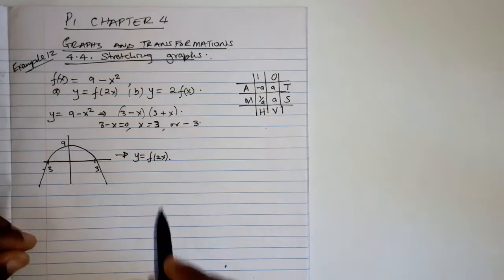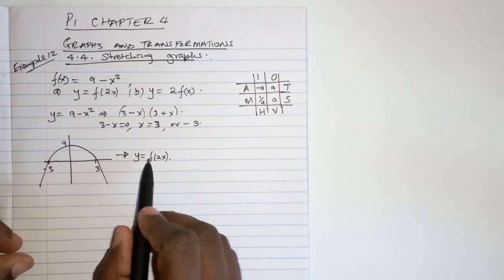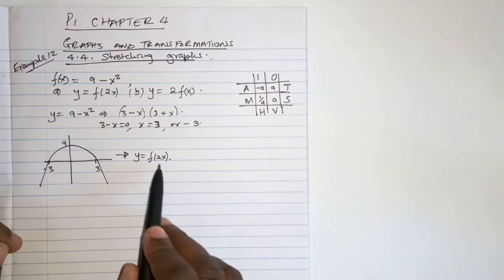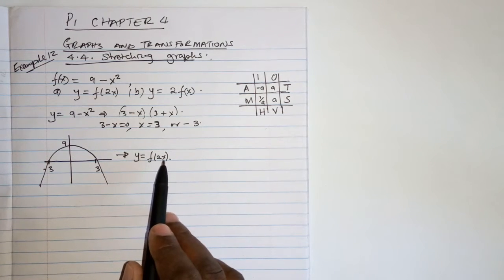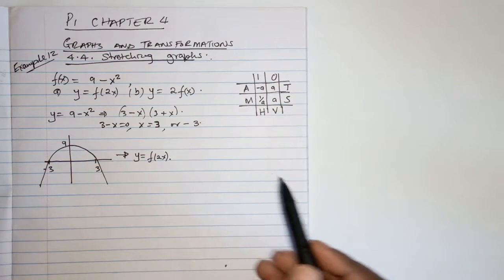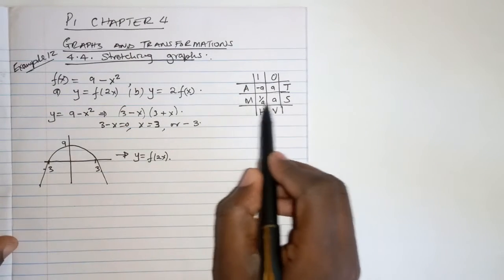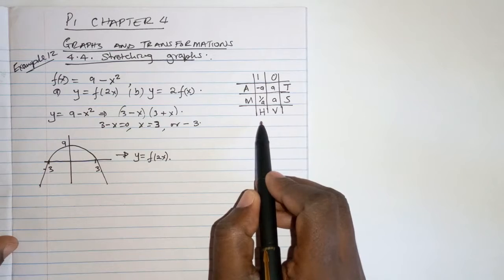Before we go further, it is important for everybody to note that the original f(x) has been multiplied internally by 2. And all we need to do is revisit our Mayo summary table. And we talk about multiplication inside.